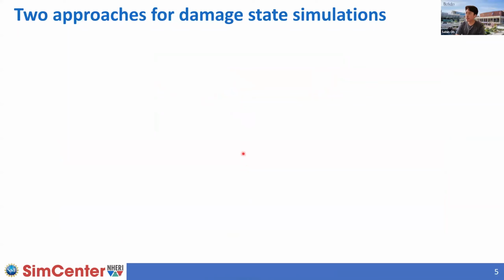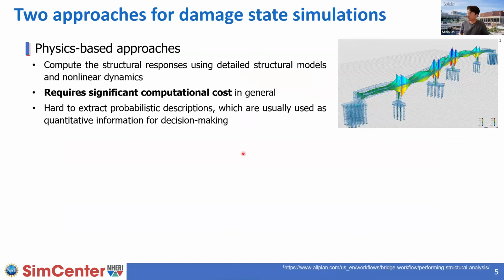So roughly speaking, the approaches for simulating the damage state of structures in a region can be divided into two approaches. First one is physics-based simulations. In this approach, the damage state of structures is computed using detailed structural models and nonlinear dynamics.